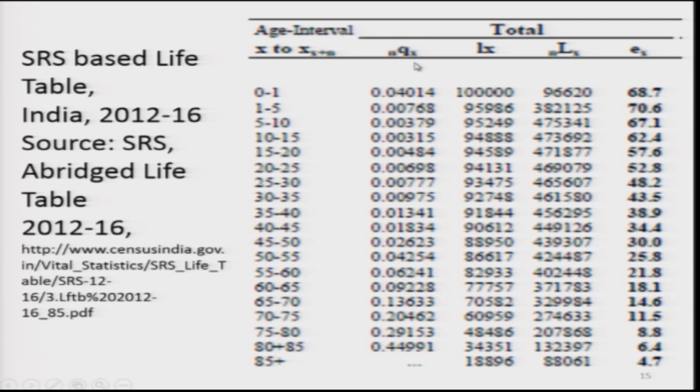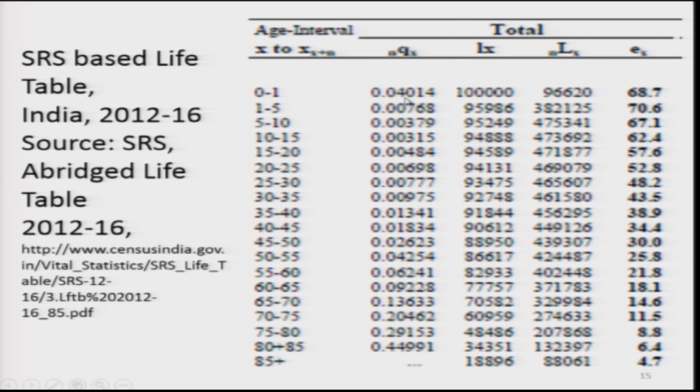This nqx is the probability of dying in the age group. It means in 0 to 1, for those who have survived to 0, or those who are born at 0, the probability that they will die before reaching 1 is 0.04. That means 40 per 1000 will die.